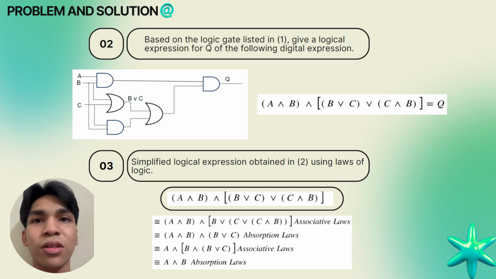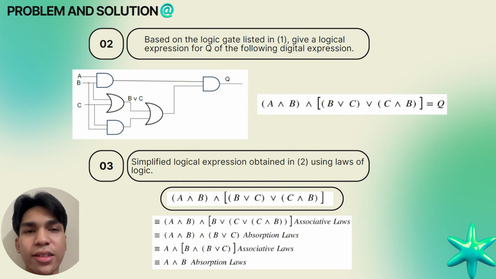B and C goes through the OR gate to make B or C, but B and C also goes through an AND gate to make B and C, and those B and C with B or C combine in another OR gate, so eventually it goes to B or C or B and C, and then it meets back with the original A and B for the final A and B and B or C and B, and there you get Q. Okay, so that's it for that question. As for the other question, that will be continued by my fellow friend Muqri.